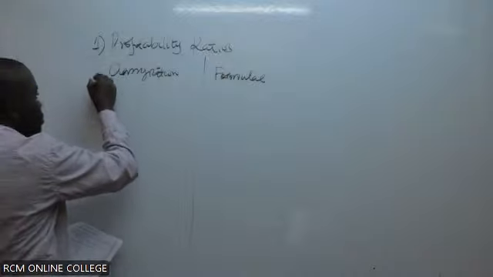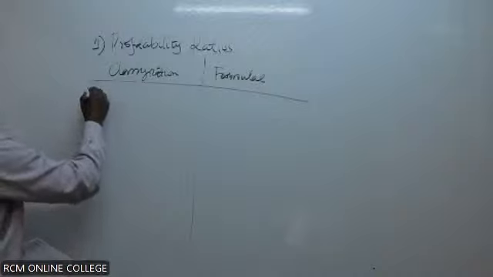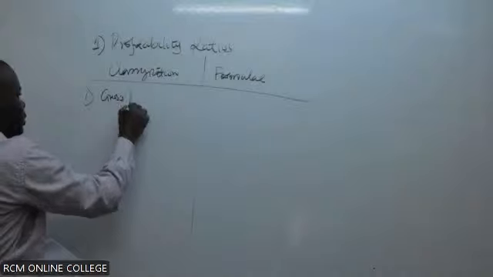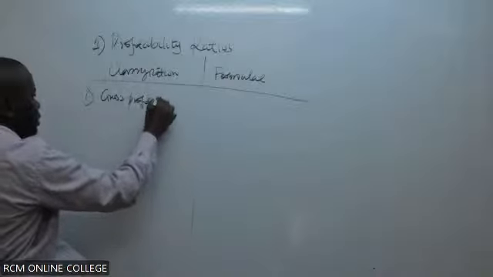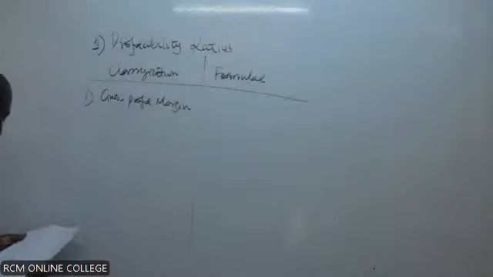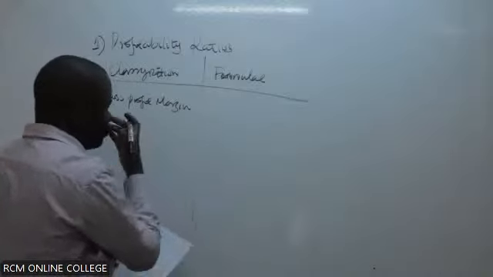So the first ratio here, number one, we have gross profit margin. Then we have net profit margin, but just write the formula first of all.